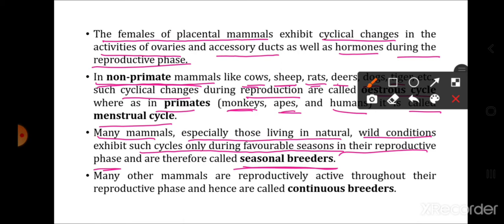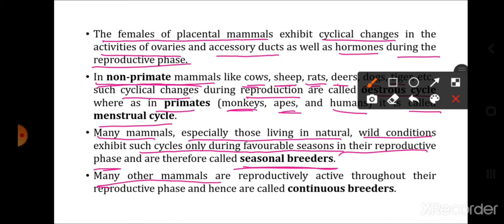Many mammals which live in the wild undergo such cyclic changes in the favorable season in their reproductive phase. These cyclic changes are seen only in a particular season during the reproductive phase. Such organisms are called seasonal breeders. That is, they undergo the process of reproduction in the particular season only.